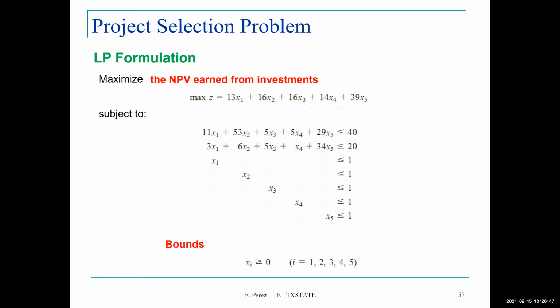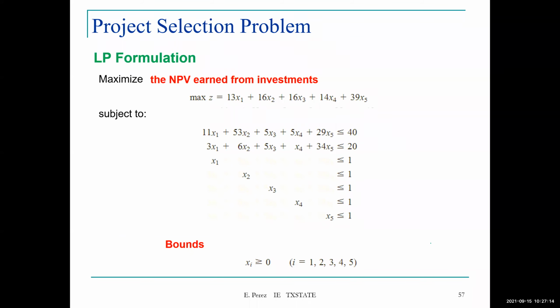So the net present value earned from investment is the maximization of the summation of the net present values. And then we have the constraint limitations in terms of how much you can invest per year, and you need to make sure that you don't go above 100% for any of the investments. The solution of this problem is going to involve some fractional values for each investment that are going to maximize the net present value.